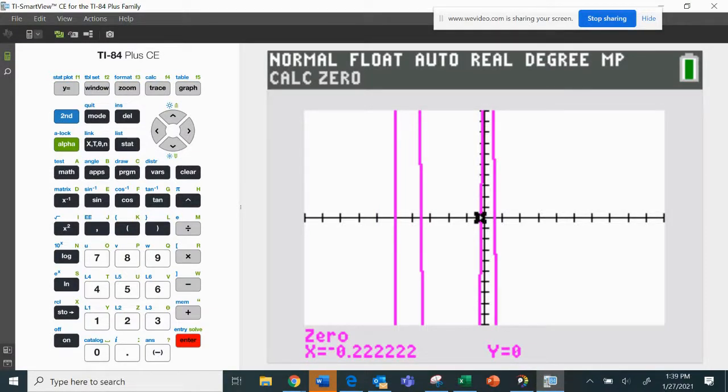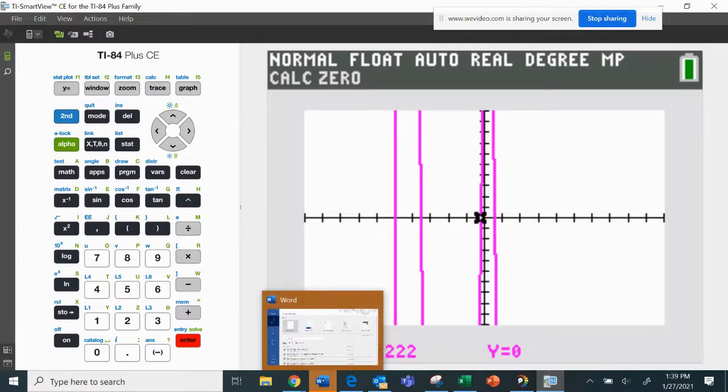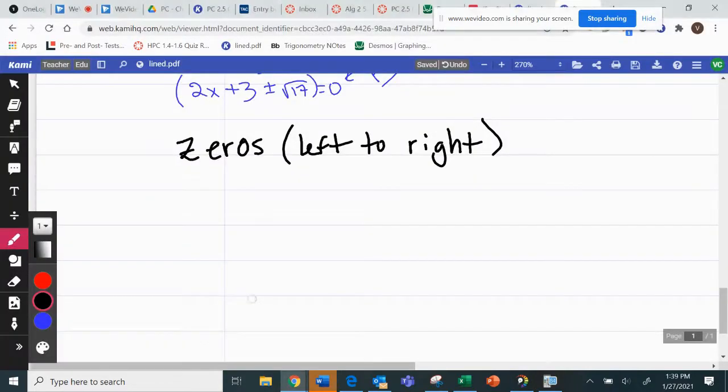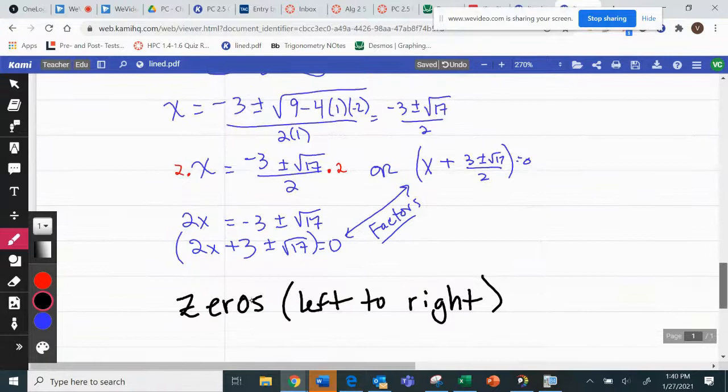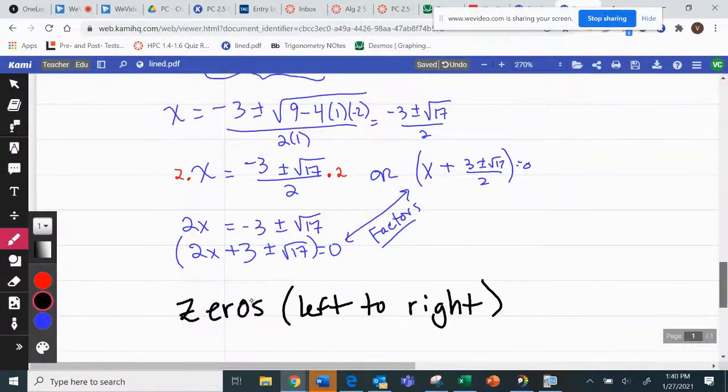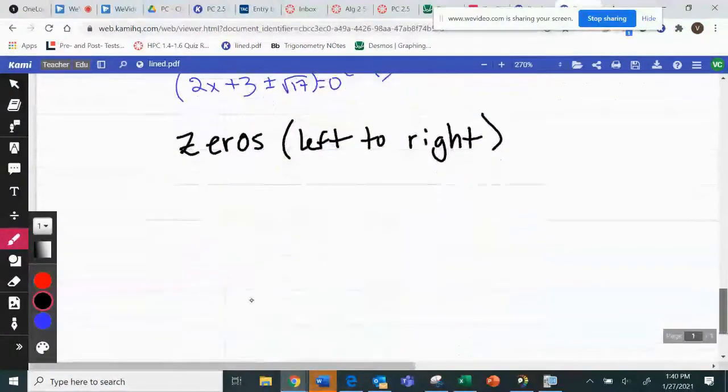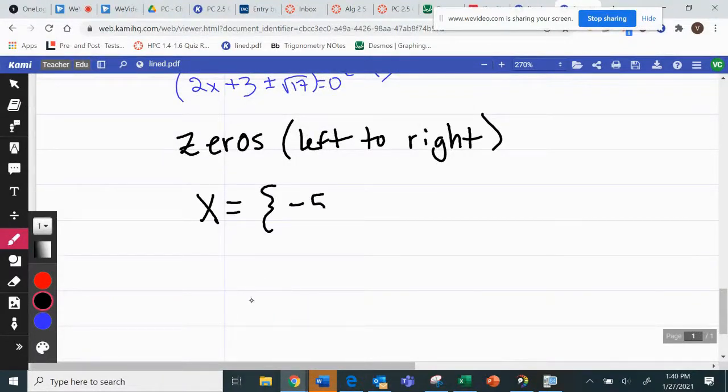So if you're using your x-intercepts, it should be somewhat easy to write it from left to right, or you can just look at the numbers themselves. From left to right, what is our first x-intercept? The -5, right? Yeah. So we'll have x equals -5.